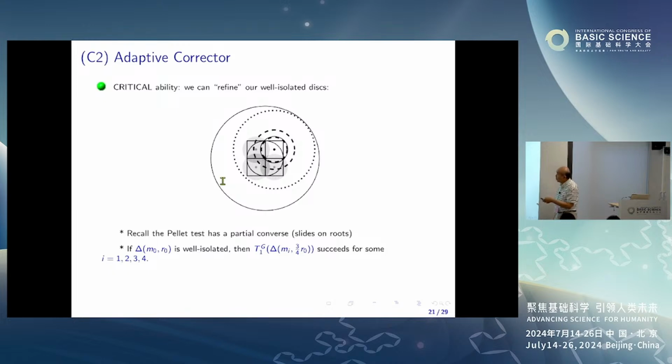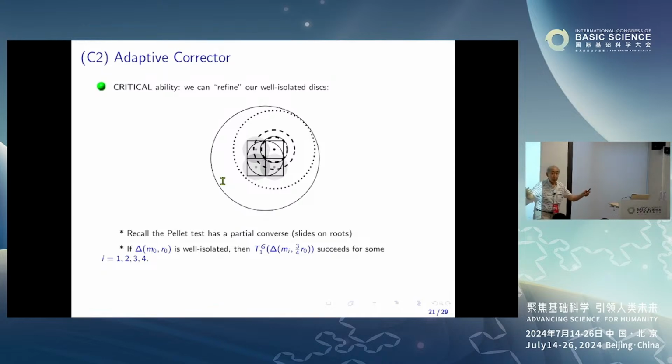Well, you can do a simple subdivision. You form a square, circumscribing square of your disk, split into 4 sub-squares, take the center of each sub-square, do a test, palette test on each one of these smaller circles, and you can show that each one of these smaller circles is well isolated also, because if you take this circle and make it 3 times as big as this one, it's still inside this larger circle, so there are no roots.